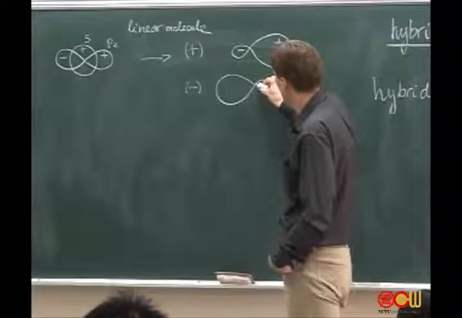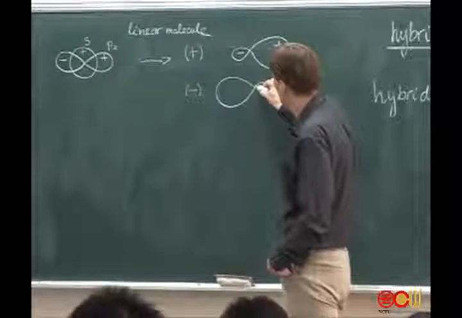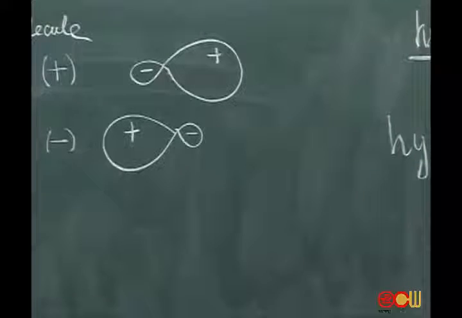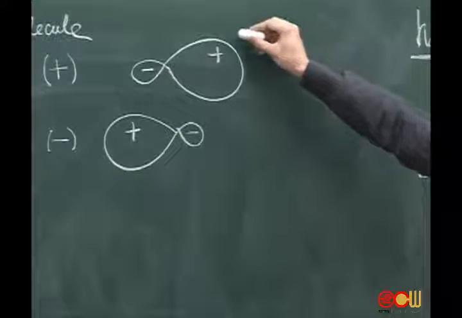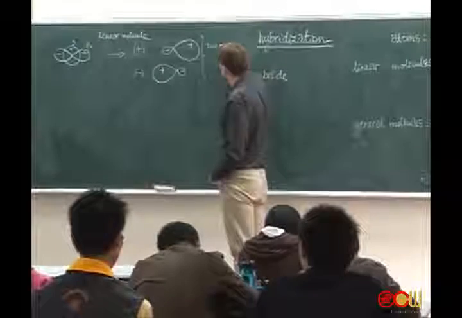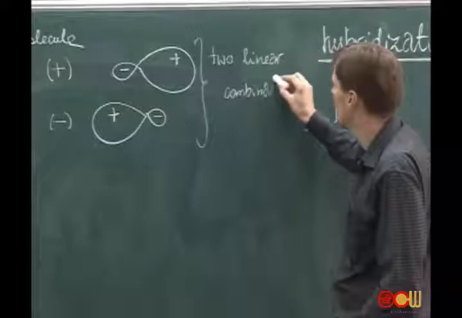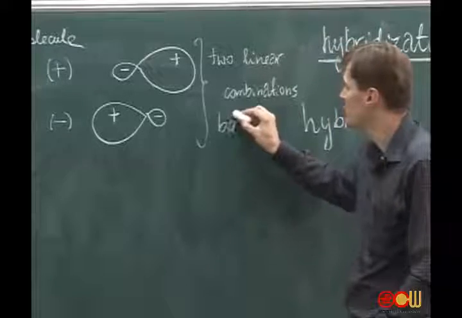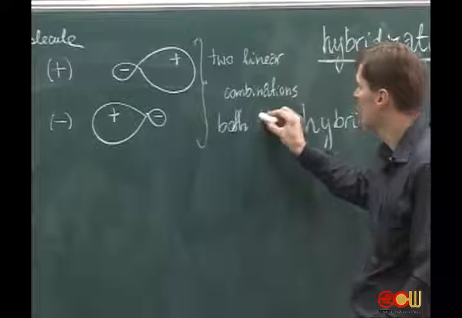So again, I have two linear combinations. Both are sigma type.